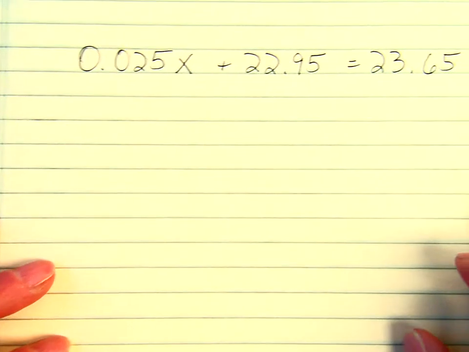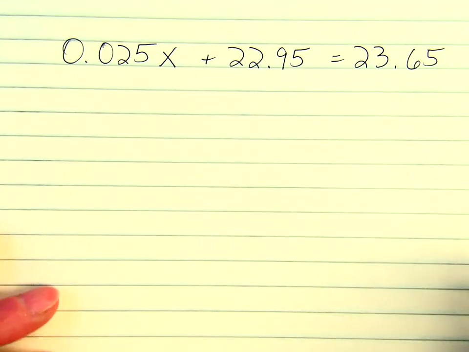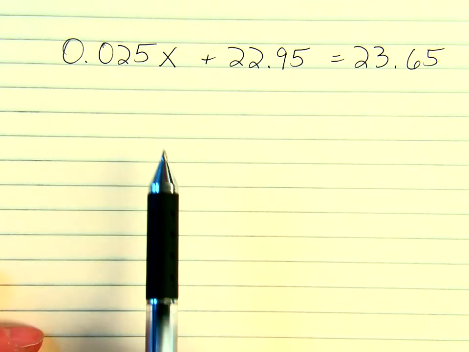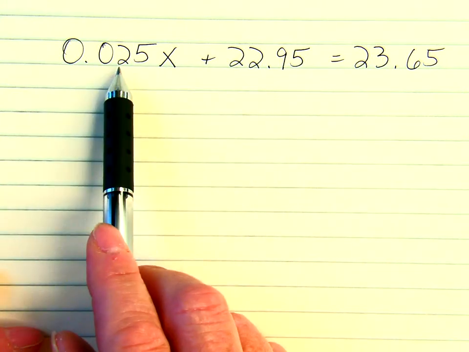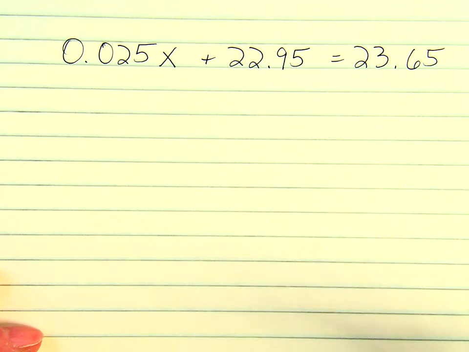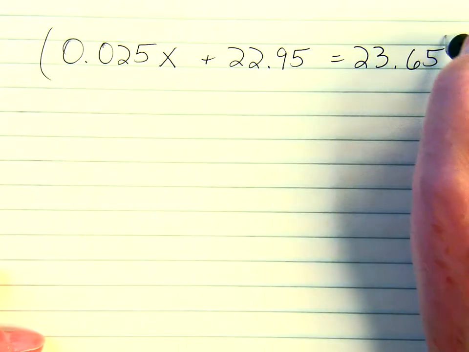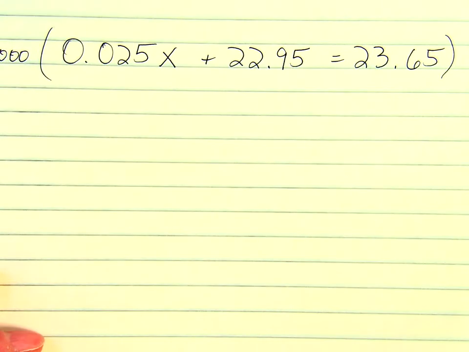Now, the goal here is to multiply times a power of 10 that will actually get rid of the decimals. In this case, we have numbers in the tenths, the hundredths, and the thousandths. So I have to multiply everything times 1000 in order to get rid of those decimals.